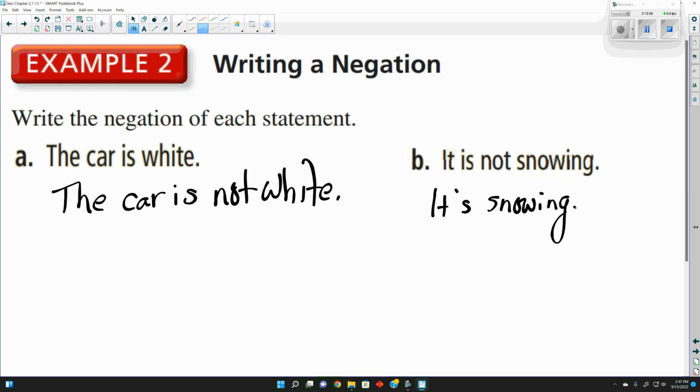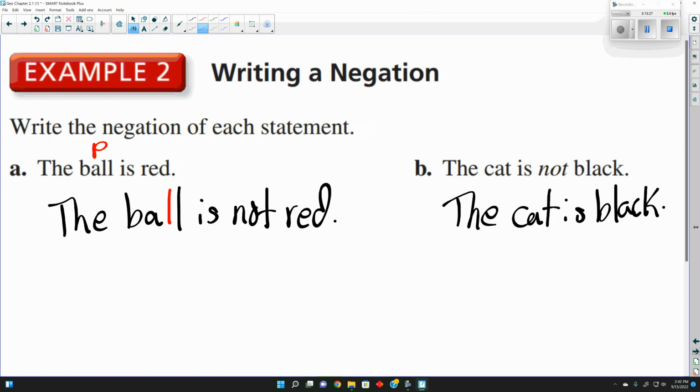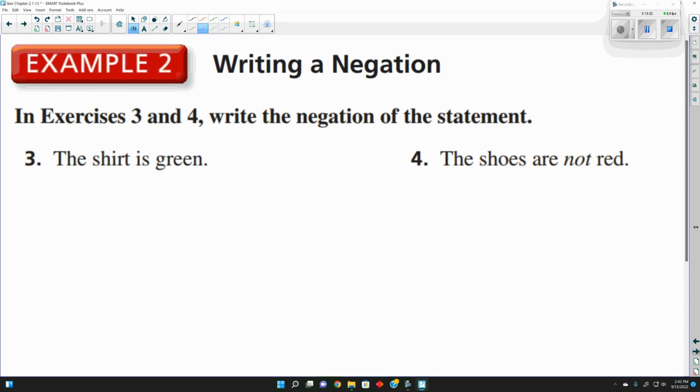The negation is the ball is not red. The shirt is not red, so the shirt is green. The negation is the shirt is not green. So the shoes are not red. Its negation is the shoes are red.